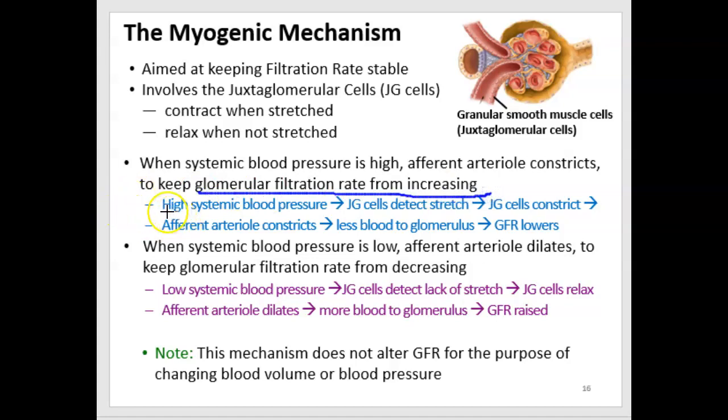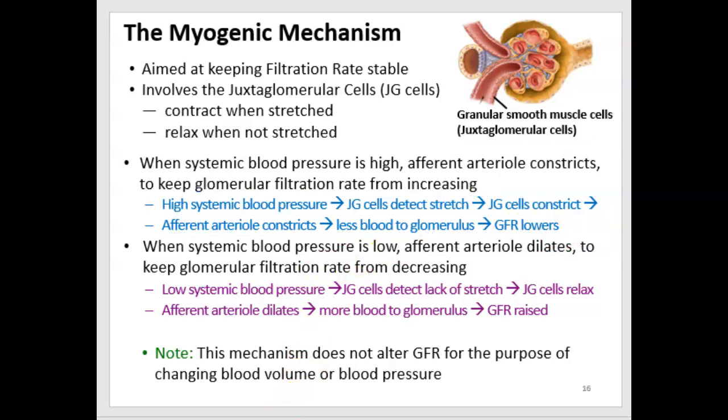So this is how it works. There's high systemic blood pressure, and these juxtaglomerular cells, JG cells, detect a stretch, and they constrict. Once that constriction happens, now there's less blood going into the glomerulus, and GFR slows or lowers.